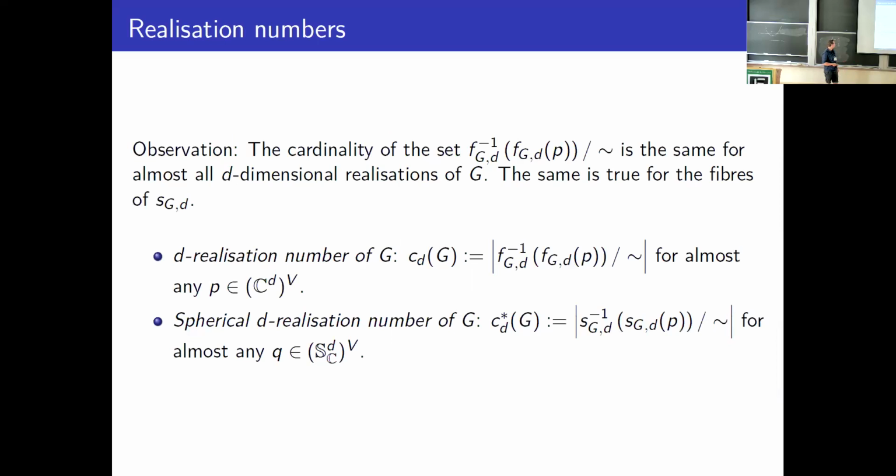Okay, so these realization numbers, when can we compute them? You can compute them when d equals 1. It's quite easy. There's a nice short proof about bi-connected components, and you just count them. D equals 2 is already a nightmare, but there are algorithms for minimally 2-rigid graphs.